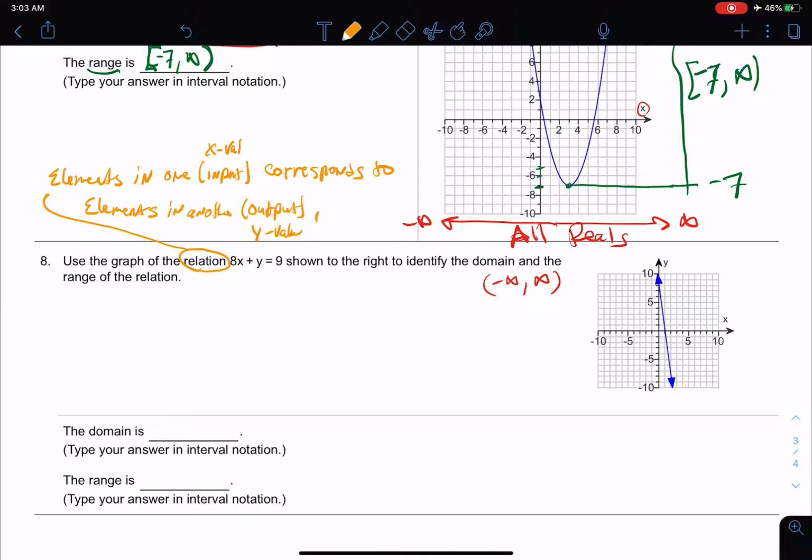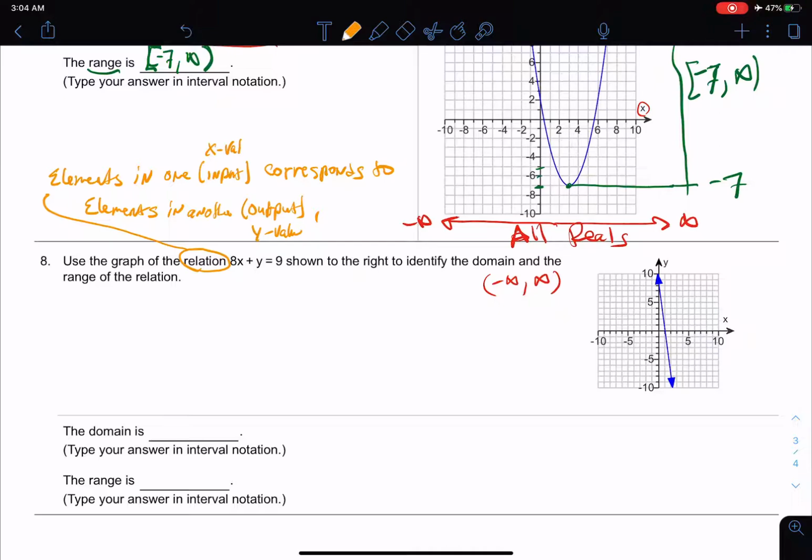Okay, so many things can be a relation. It's not hard to be a relation. You have to have a correlation between the x input and the y output. We have many things that are relations, like these graphs, the ordered pairs, stuff like that. So, use the graph of the relation shown to the right to identify the domain and the range of the relation.